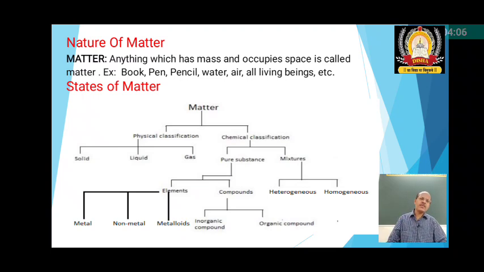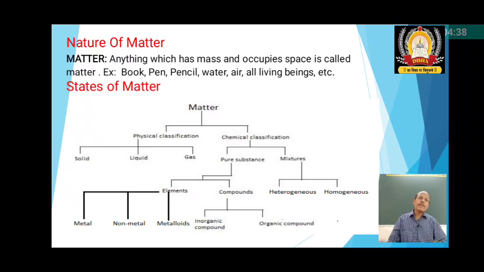Further, elements are subdivided into metals, non-metals and metalloids, whereas compounds are classified into two types: inorganic compounds and organic compounds. So, this is the broader way of classification of matter.